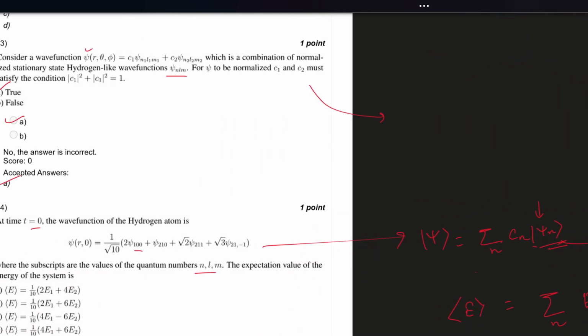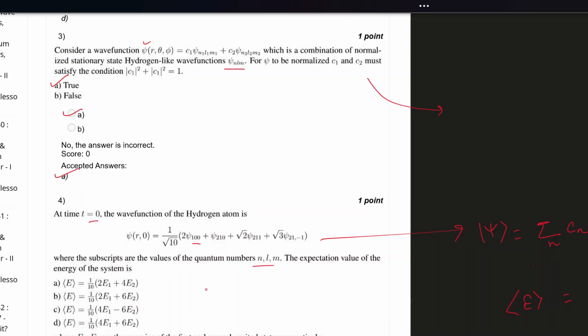Okay, and now we can directly use it here, where you have the expectation value of the energy. Psi 100 in the first case has n equal to 1, because the quantum numbers are n, l, m. Then psi 210 has n equal to 2, psi 211 has n equal to 2, and psi 21 minus 1 also has n equal to 2.